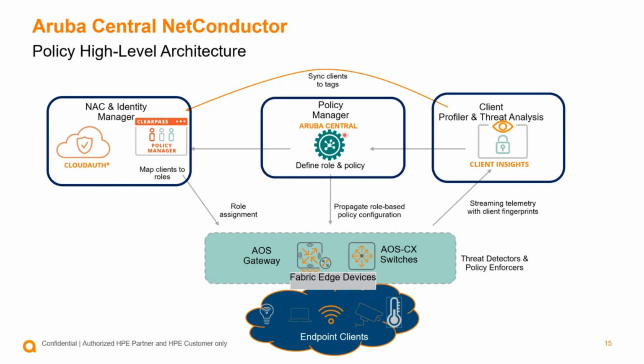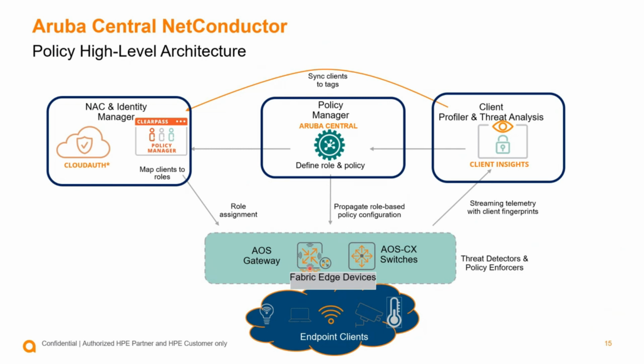And then we have the policy manager in Aruba Central, and this is where we can configure roles and policies and decide who connects to whom and who's allowed to communicate with which device. This gets pushed down to CX switches and AOS-10 gateways.